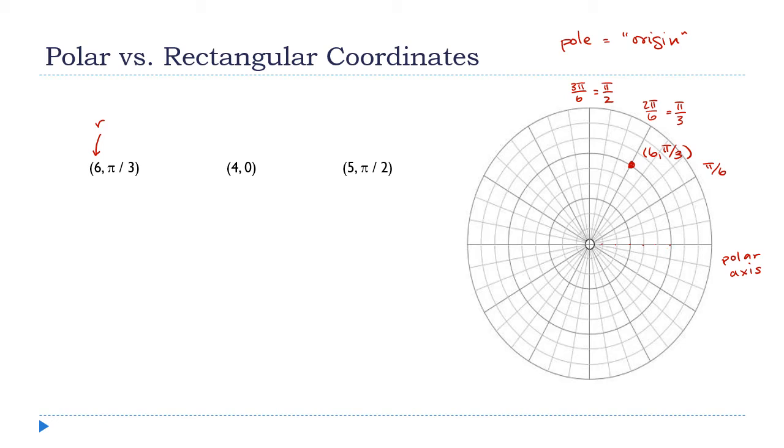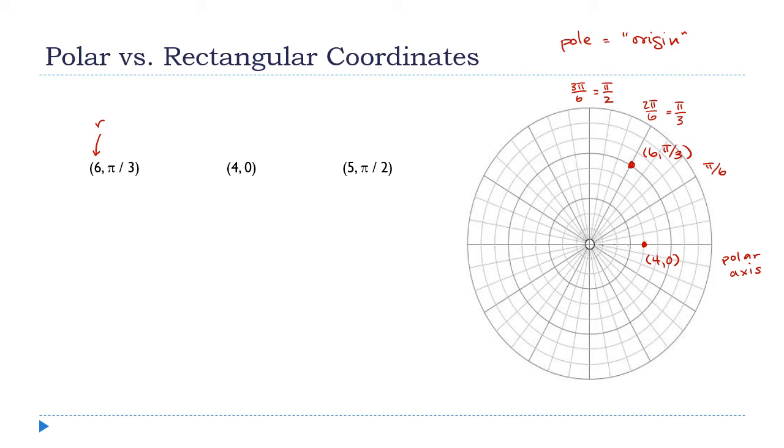Okay, so how about 4 comma 0? Well, that's a distance of 4 and an angle of 0. So I'm going to go out 1, 2, 3, 4 units. And with an angle of 0, I'm going to stay right there on the polar axis. So this is 4 comma 0.